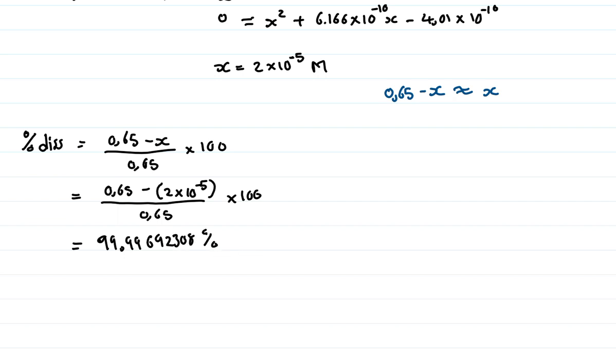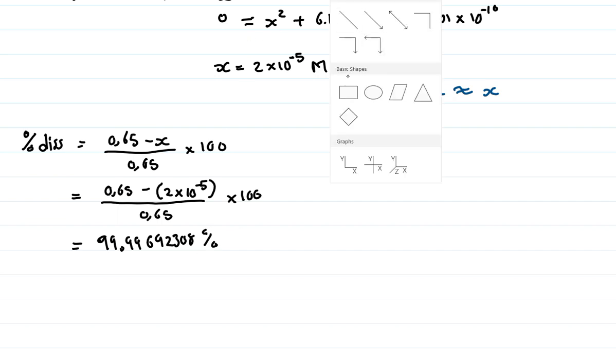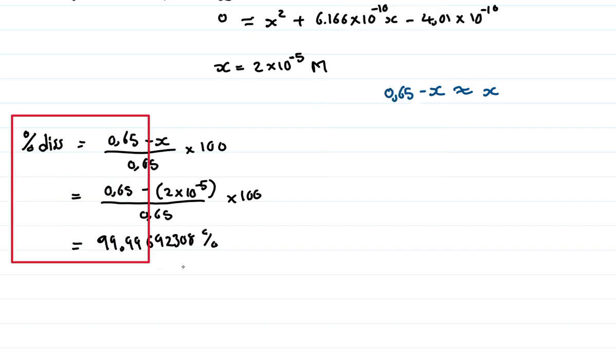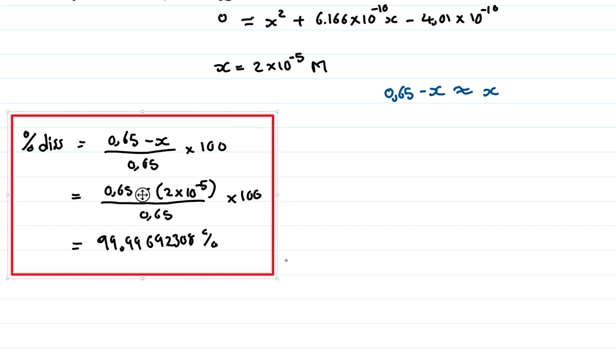This just shows us hydrogen cyanide has dissociated completely, which is not correct, because a weak acid does not dissociate completely. So that is why we assume that condition over there.